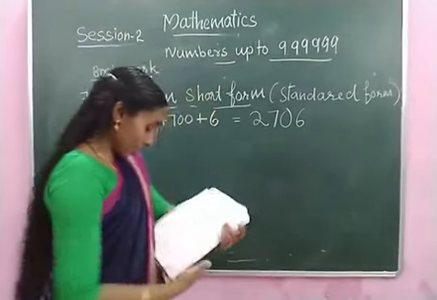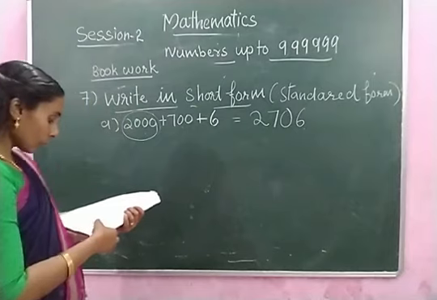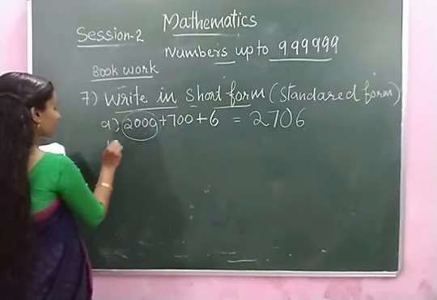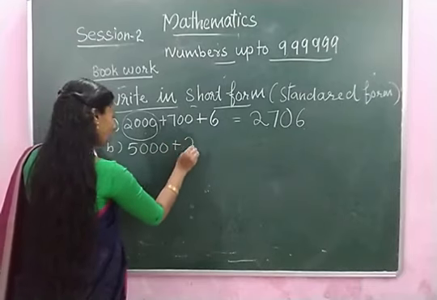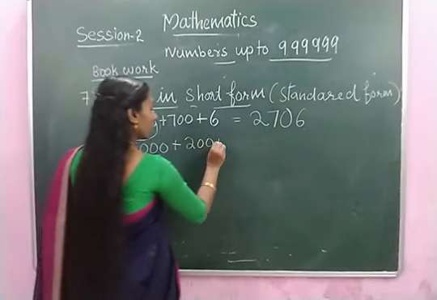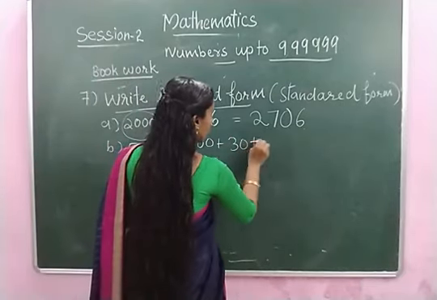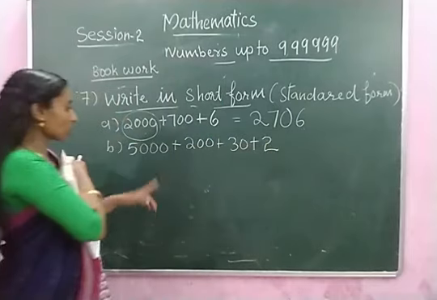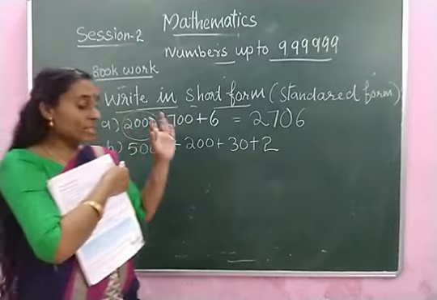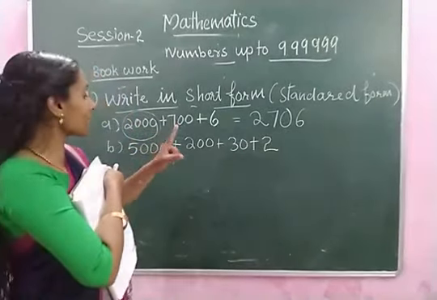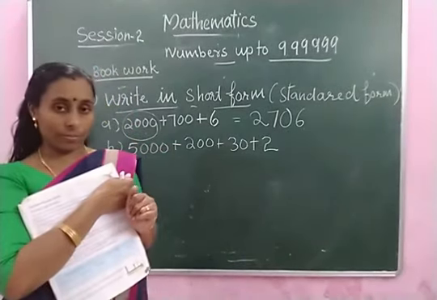Okay. The next number. 5000 plus 200 plus 30 plus 2. When we write in the standard form, the number depends upon the largest place.